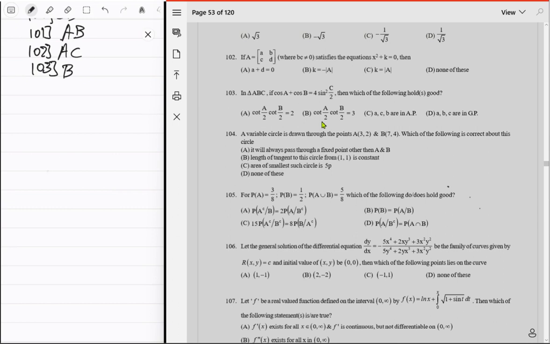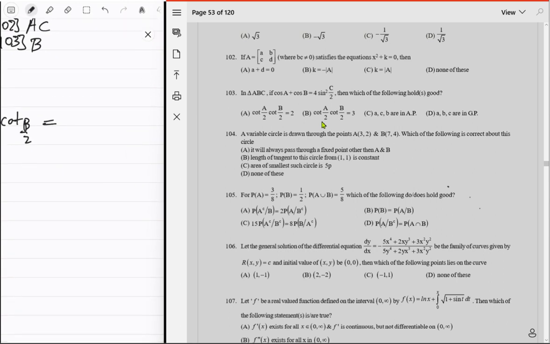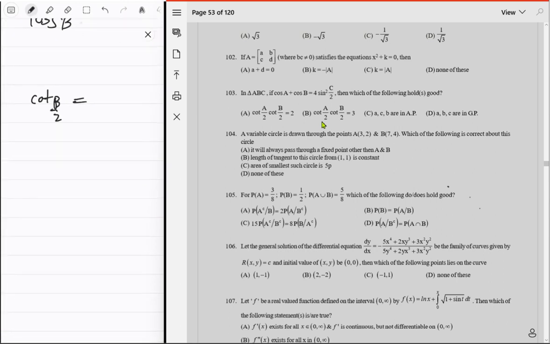It's like tan of A plus B upon... okay, this is cot B upon 2. Oh, that's awesome. Cot B upon 2 is equal to, or I should say, 1 upon tan B upon 2, whatever.